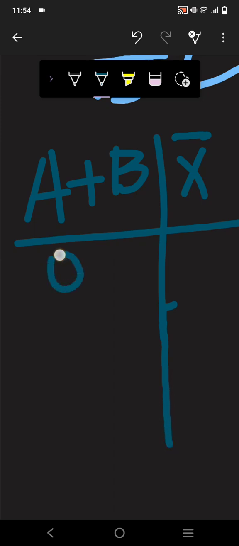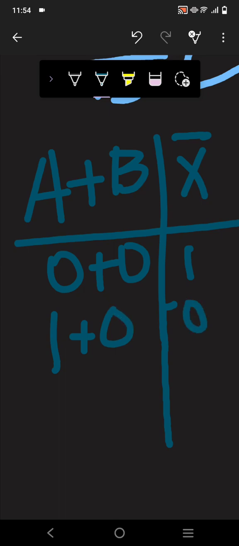So 0 plus 0 is 0, but here we will place 1 because it is the reciprocal of the OR gate. 1 plus 0 is equal to 1, so we will place 0 because, as we know, the reciprocal. Likewise here we will do the same.